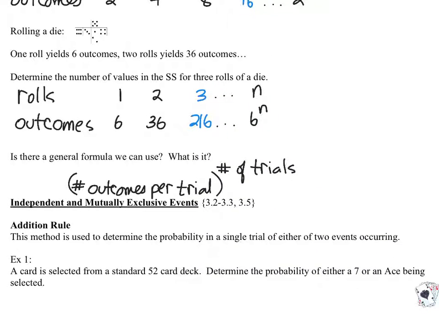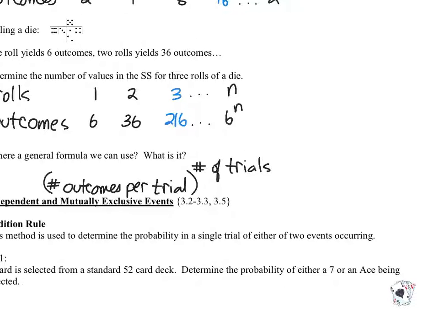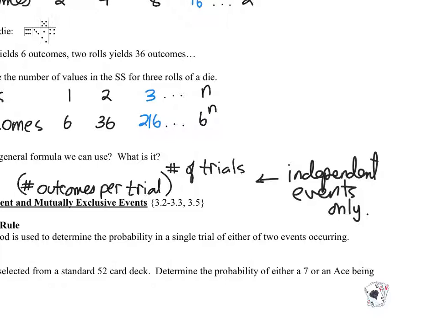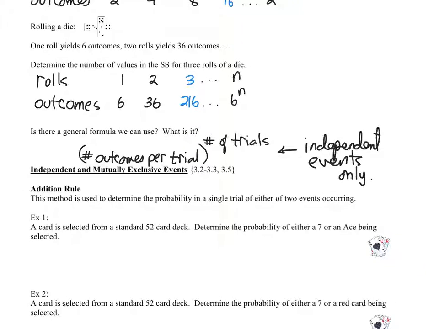But the important thing to consider is that this only applies for what we call independent events. What I mean by that are events whose probabilities don't change from trial to trial.